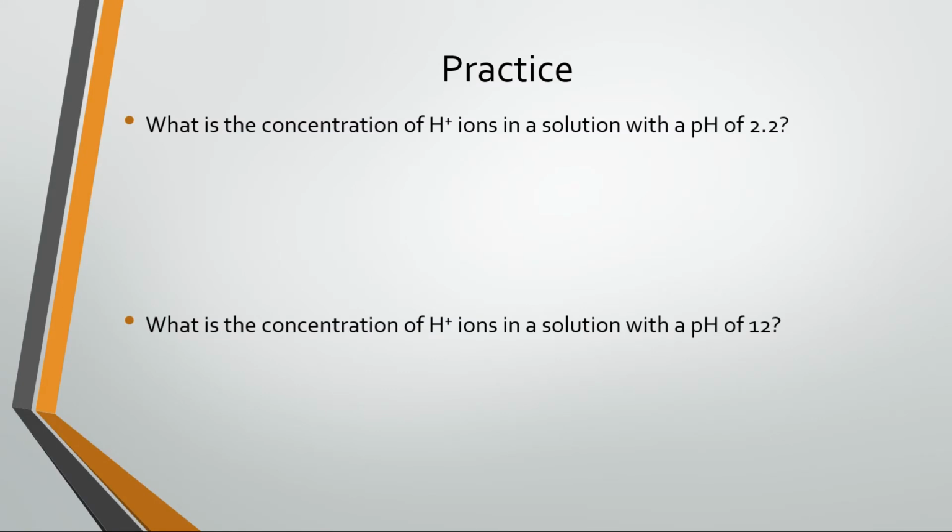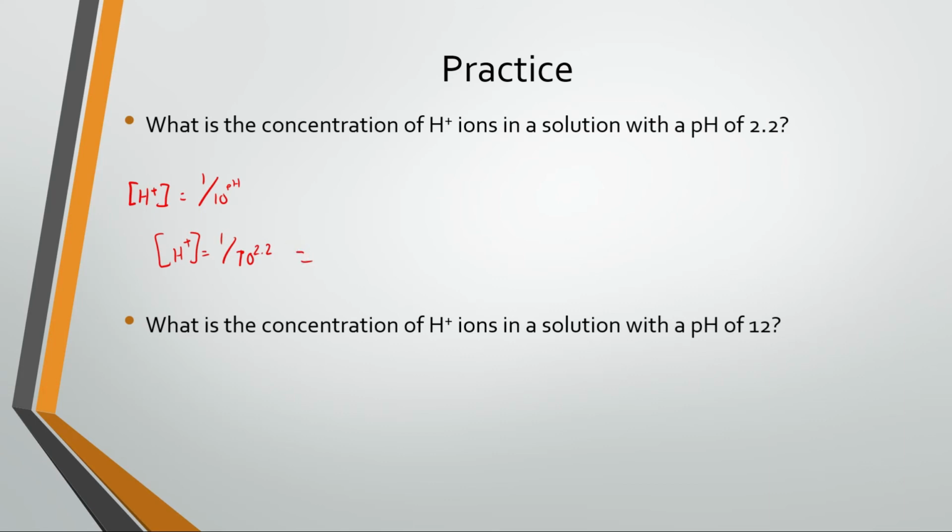Alright, so our first question here says, what is the concentration of hydrogen ions in a solution with a pH of 2.2? So in order to find that, we're going to use our formula: the concentration of hydrogen ions equals 1 over 10 to the pH. And in this case, our pH is 2.2, so we get H plus equals, that's concentration of H plus, sorry, 1 over 10 to the 2.2.